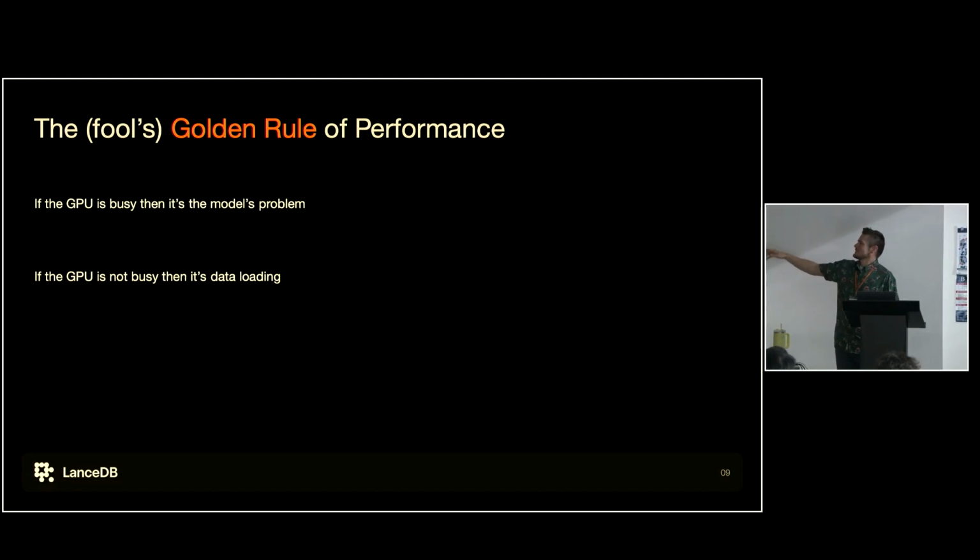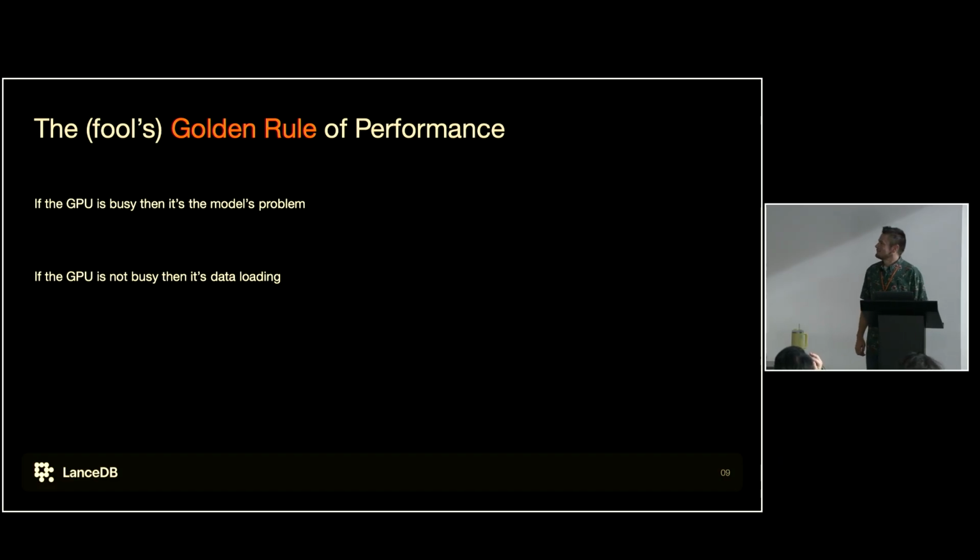You probably should not follow it. It's not really meant to be a great rule. If the GPU is busy, then it's the model's problem, or to put it another way, it's the data scientist's problem. If the GPU is not busy, then it's your problem. Anytime the GPU is not busy, data loading will get blamed. That has been my experience.